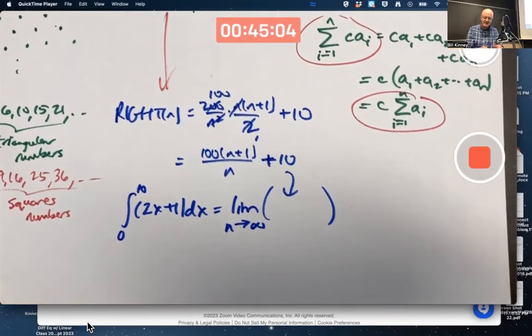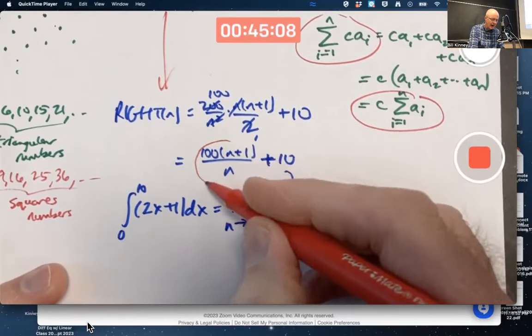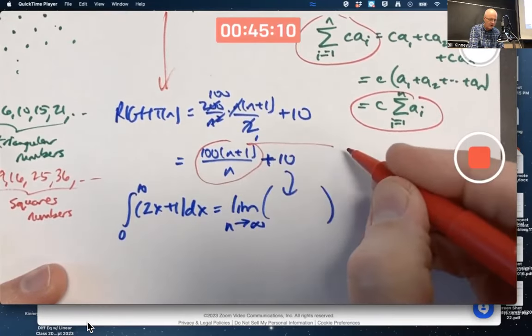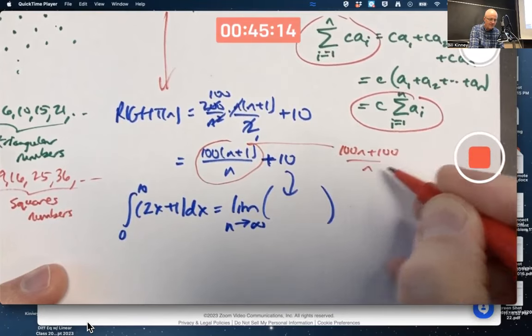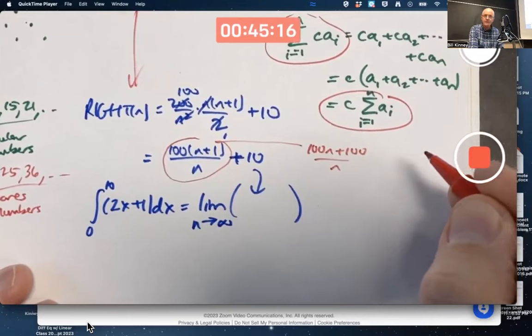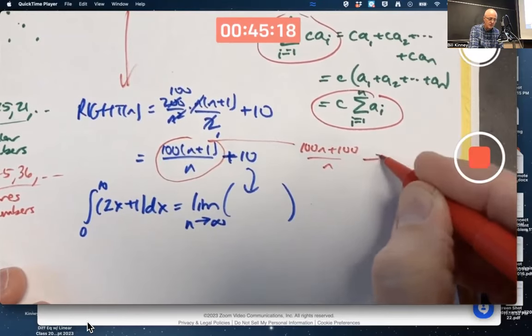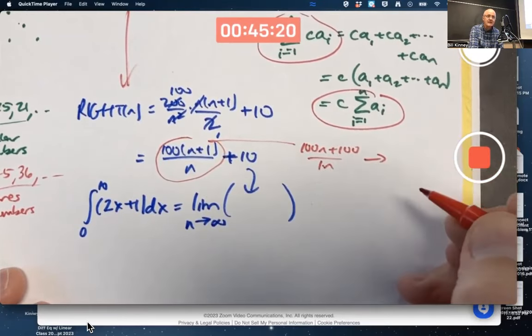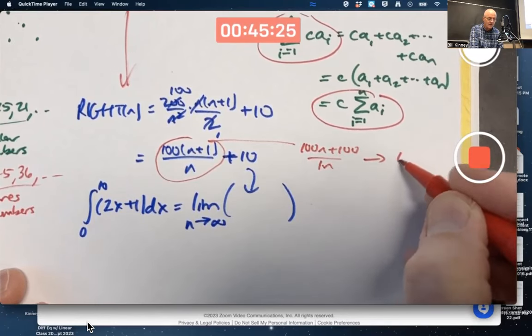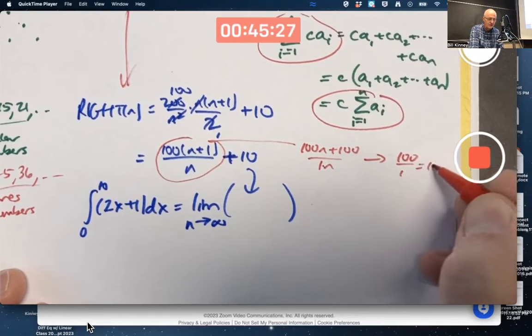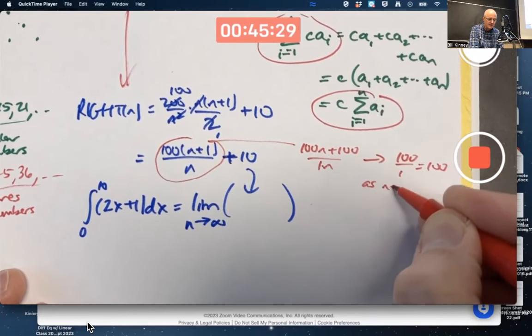It's a rational function of n. In fact, this part can be thought of as 100n plus 100 over n, which we know from chapter 1 goes to the ratio of the coefficients of the highest powers when the degrees are the same, 100 over 1, 100 as n goes to infinity.